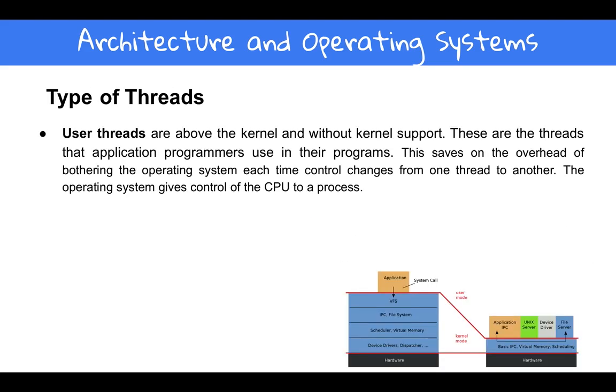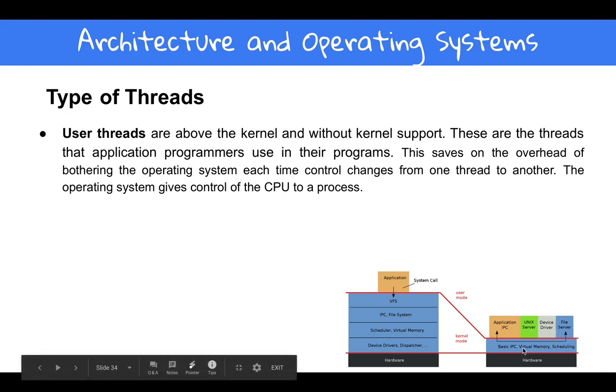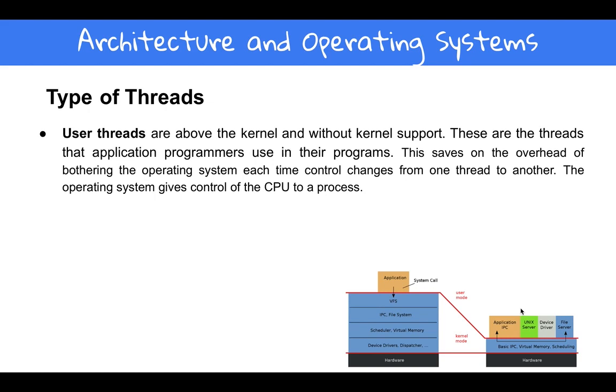We've got 2 types of threads. One of them is the user thread. As you remember, I explained this graph in the previous lecture. User threads are for user mode, where most things happen in the applications. The programmers can write multiple threads and different threads in their programs.